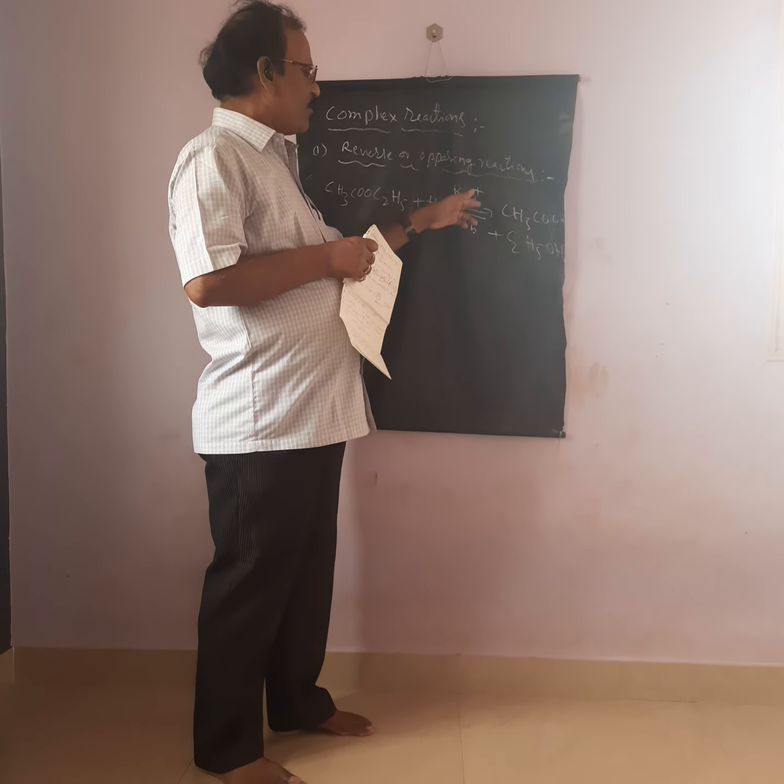We can come across many more reactions; I can give only two or three. 2N2O5 gives 4NO2 plus O2. So these are some examples of reverse or opposing reactions.